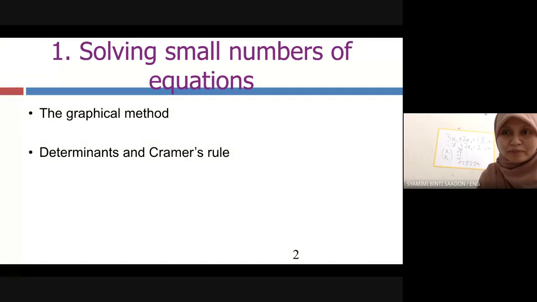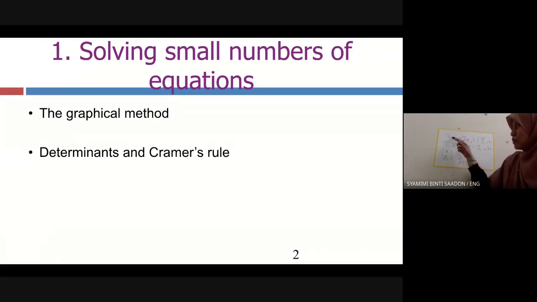Okay, for those who just entered, we are entering the first chapter, linear algebra. So we try to recall and refresh our knowledge about linear algebra. We have these two simple linear equations, 3x1 plus 2x2 equals to 18, and the second one, minus x1 plus 2x2 equals to 2.